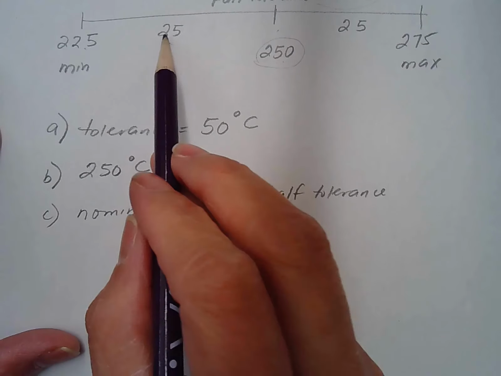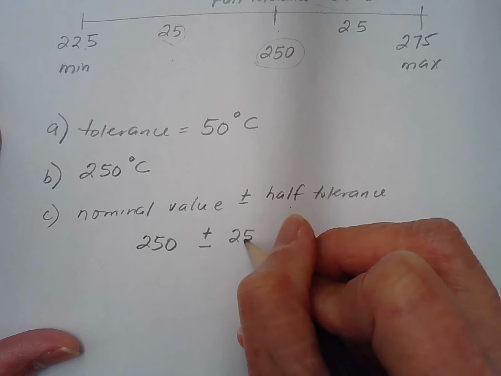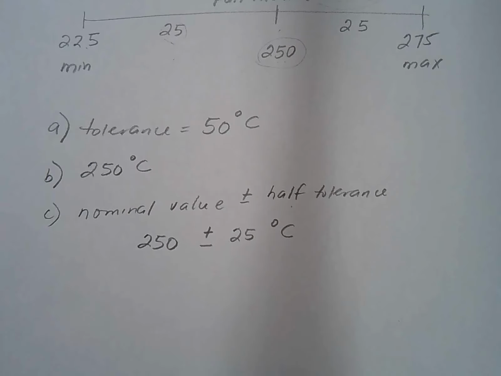Half the tolerance. Half is the 25. So 250 plus or minus 25 degrees Celsius. Okay. Well, how do you feel about that? Is that okay? Okay.